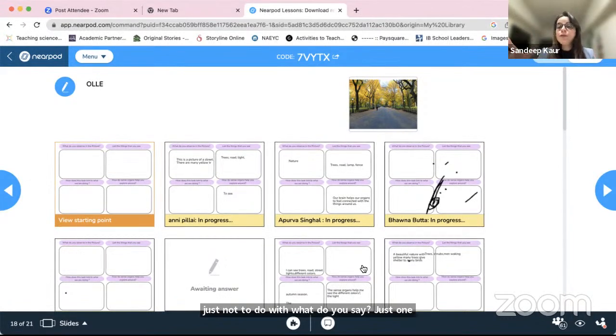It also gives you a lot of information about the child's knowledge in other spheres also. The sense organs help me to see different colors, lights. Okay.